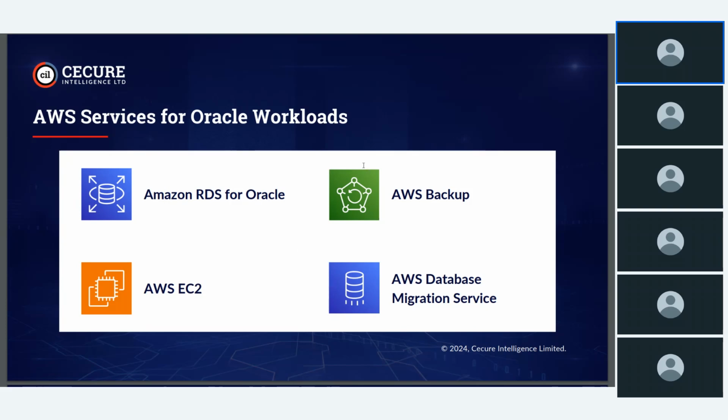We also have EC2. An EC2 instance can be used to run Oracle databases, and this is for when you want more control over your workload. Because RDS is managed, you have less control over it.